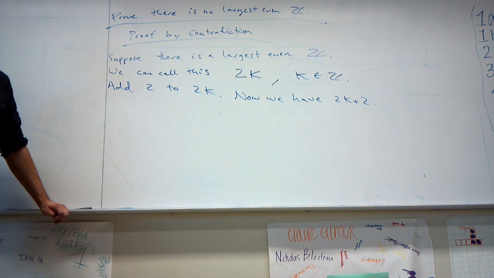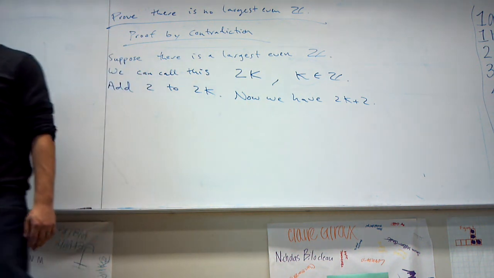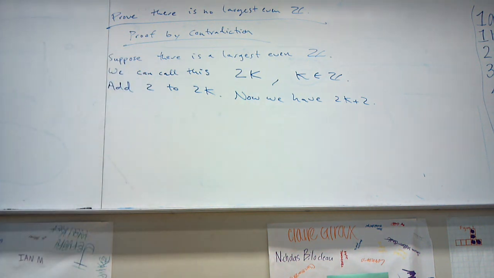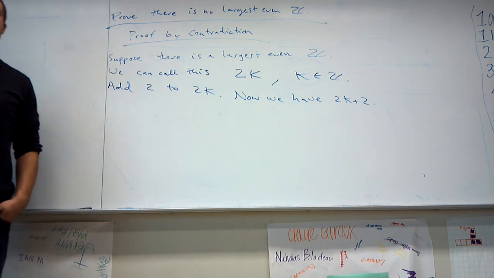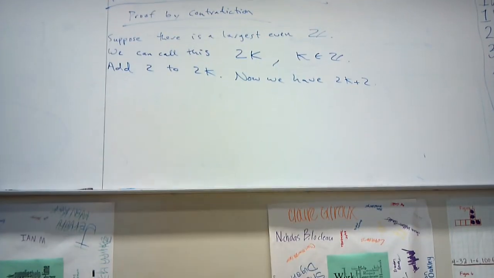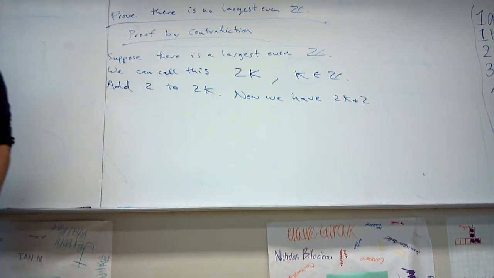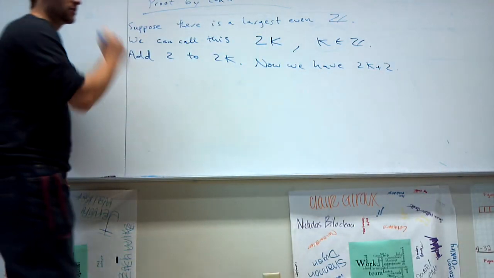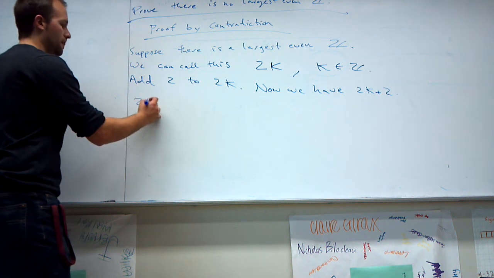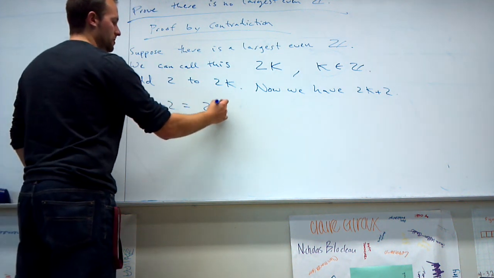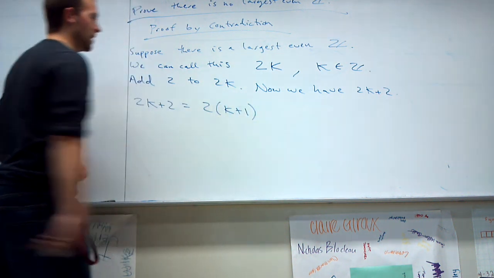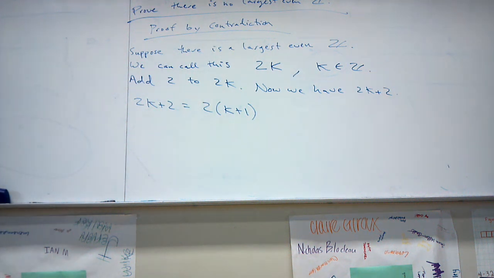Now we have 2k plus 2. Can we make 2k plus 2 look even? What's an even number look like? Yeah. An even number always looks like 2 times an integer. Can we make that look like 2 times an integer? Yes. Factor that out. 2 times an integer, right?